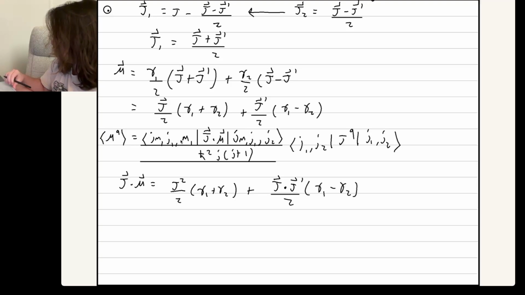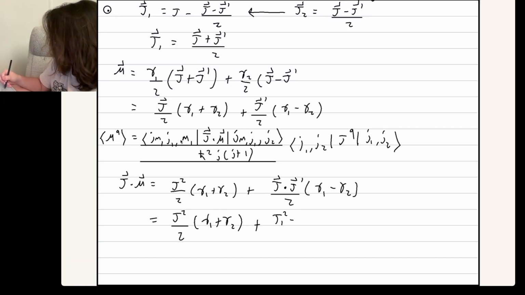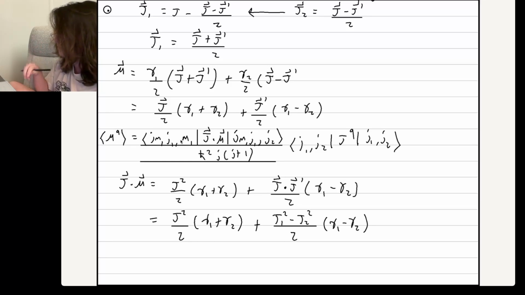And then you can simplify the j dot j prime stuff as being j1 squared minus j2 squared, because that's how we defined j prime, over 2, gamma 1 minus gamma 2. So we're really just taking the expectation value of j squared, j1 squared, and j2 squared, and getting the appropriate coefficients for each of them.